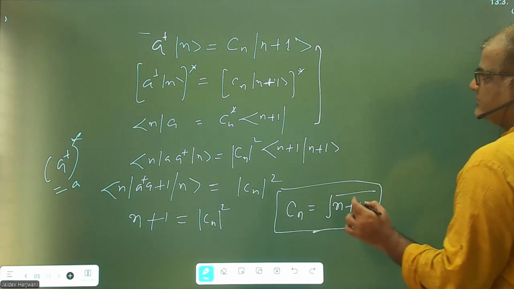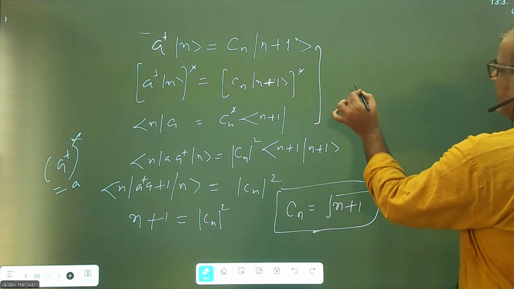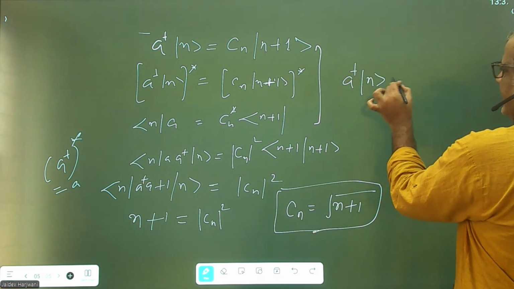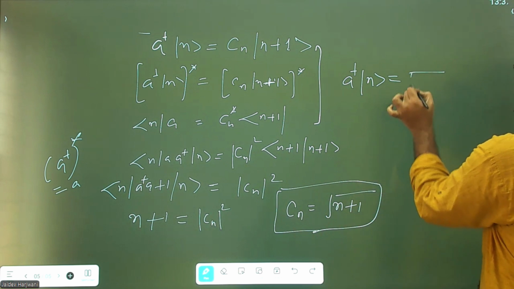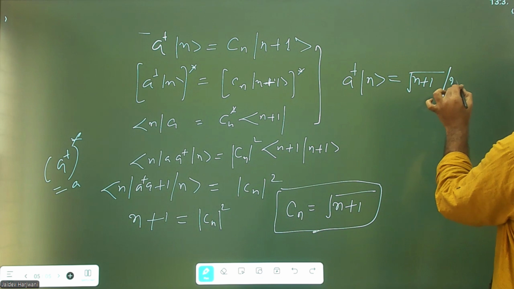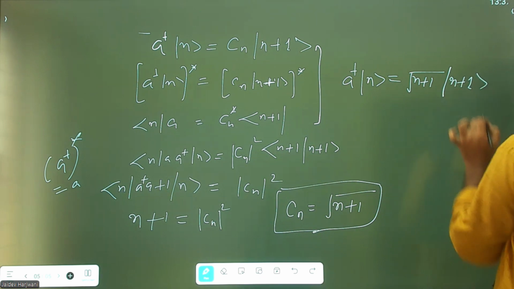So this tells me that the operation of a dagger on state n gives me root n plus 1 times the state n plus 1, and the state increases by 1.